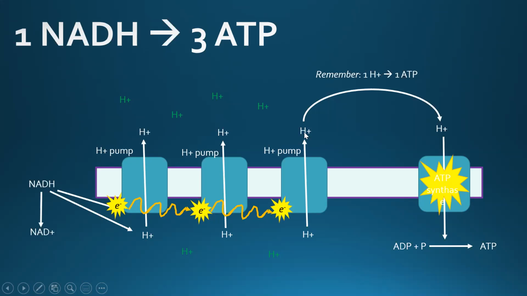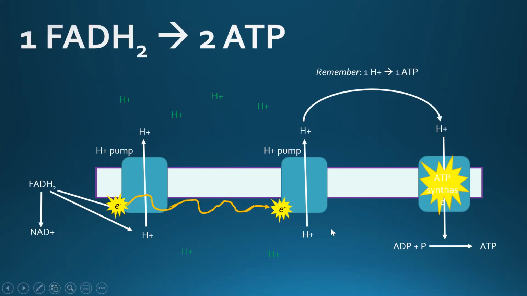How? The hydrogen is going to go through ATP synthase. ATP synthase is going to take ADP and the phosphate, smash them together, and produce ATP. It's not really smashing together, you know what I mean. Again, the FADH2 summary, remember it's 2. So FADH2 can only give off 2 electrons, so 1, 2 hydrogen ions go through ATP synthase, again, to ATP.